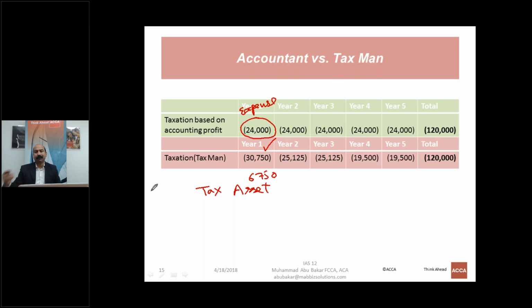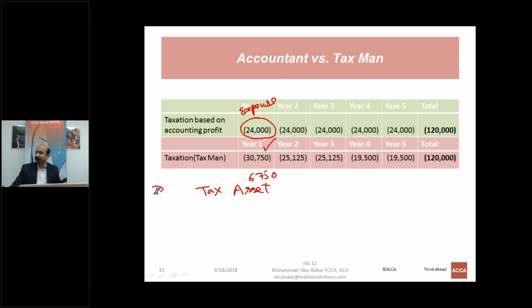We know that prepayment is ultimately reversed in the form of services or goods. Here, this will be reversed, as we can see from the figures appearing in the columns of the other years, that this amount will ultimately be reversed. You will have to pay a lower amount in future years, and this is being reversed.